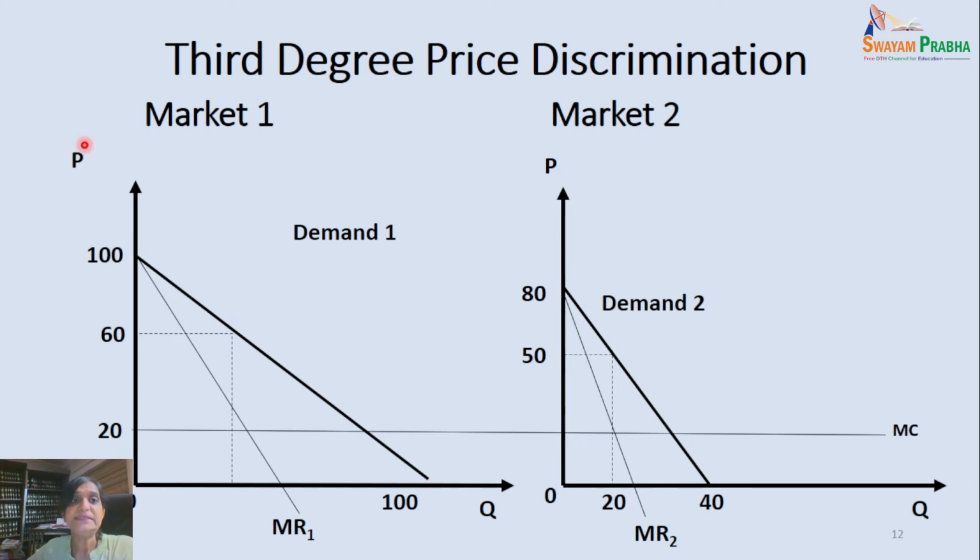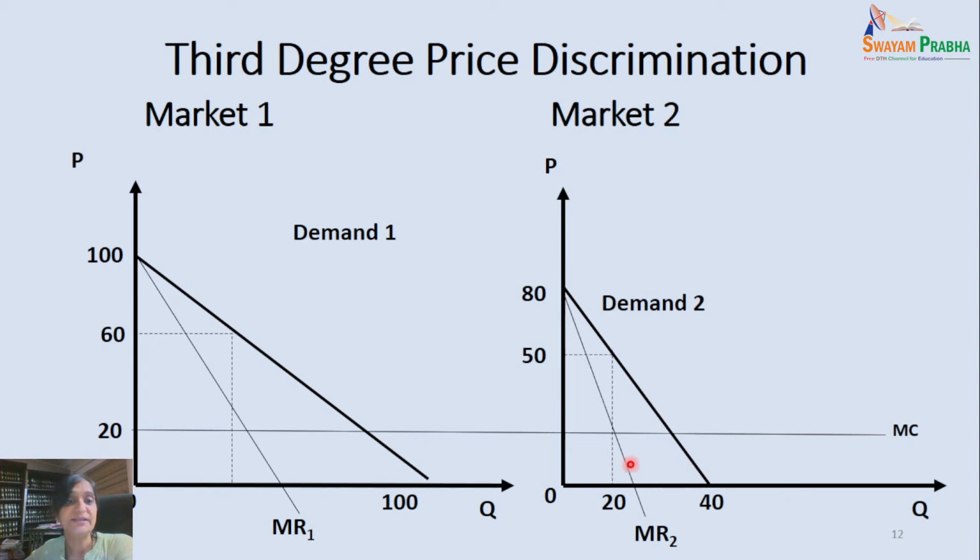Let me explain this graph to you and it will become clearer. Two markets are there, market 1 and market 2. This is market 1's demand curve, demand 1, and this is the second market's demand curve, demand 2. Do you see some difference in the slope of the demand in market 1 and market 2, learners? See carefully. The demand curve of the first market is elastic, whereas the demand curve of the other is inelastic.